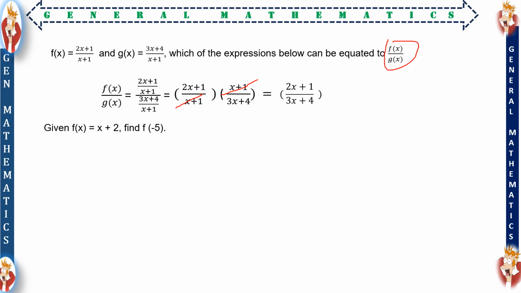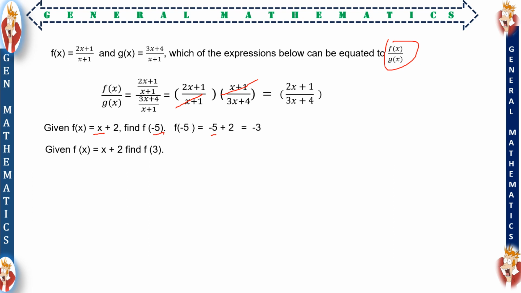If f of x is equals to x plus 2, find f of negative 5. Madali lang po ito. Ang ibig sabihin nun, yung x papalitan lang ng negative 5. So, simplify natin. Negative 5 plus 2, sign ng 5 is negative, positive 2, combine like terms, tapos decide with the bigger number, that's equals to negative 3, final answer.